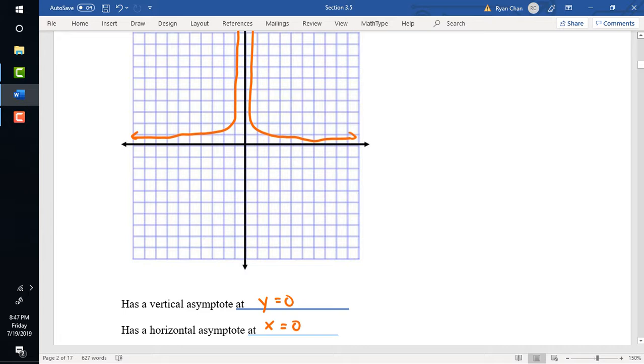That means I have an invisible fence at y equal to 0, and I have an invisible fence at x equal to 0.